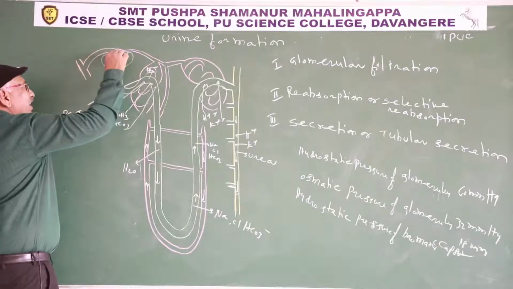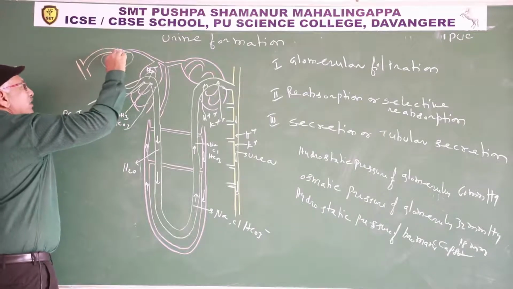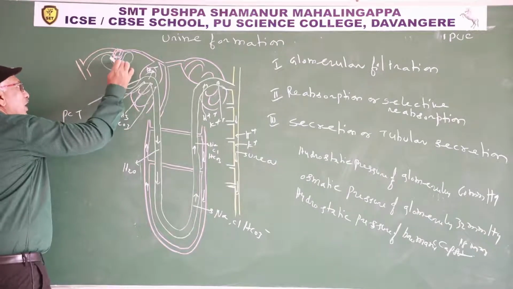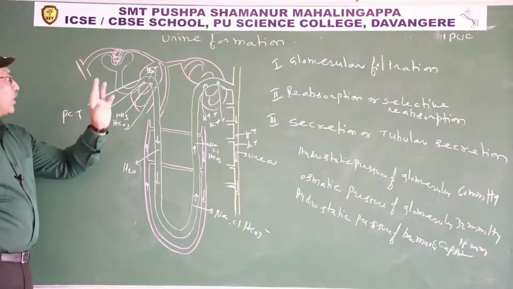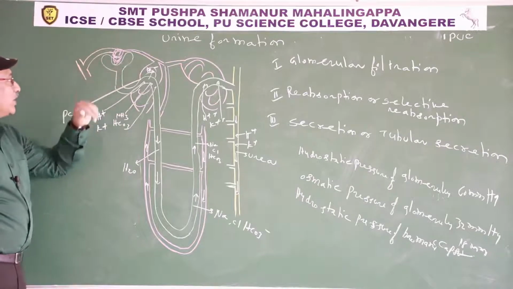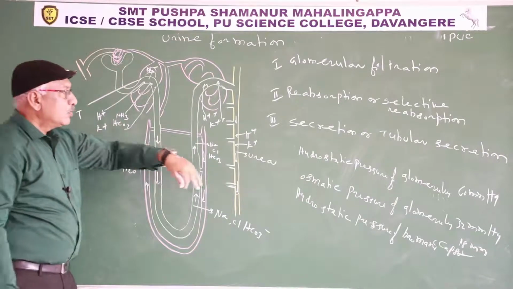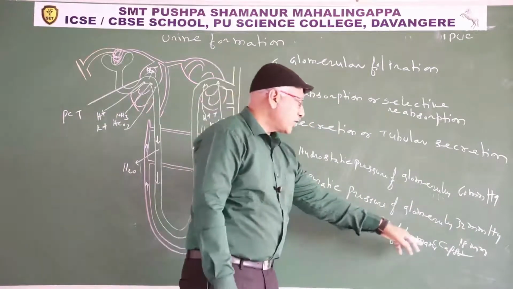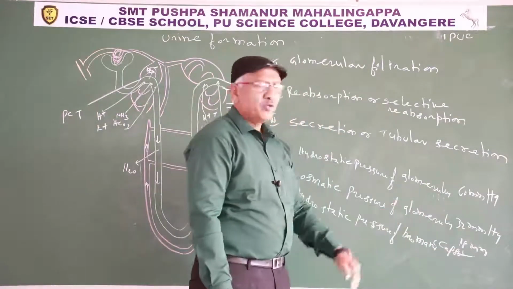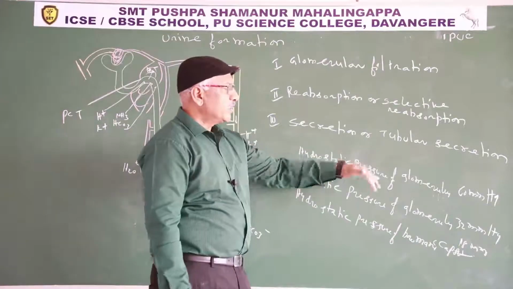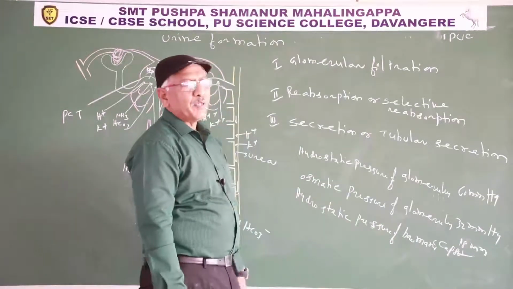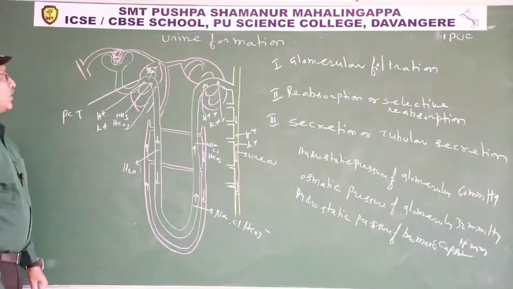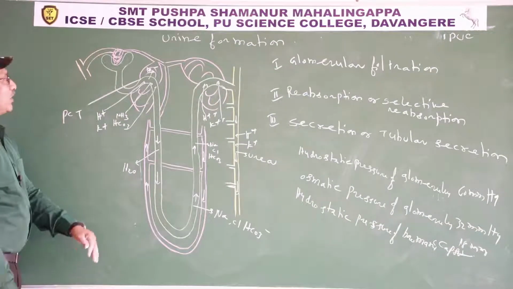One is the concentration of blood in the glomerulus, that is 32, and another is the hydrostatic pressure of Bowman capsule, 18. 32 plus 18 is 50, 60 minus 50 is 10 mmHg. So the glomerular hydrostatic pressure is only 10 mmHg more.